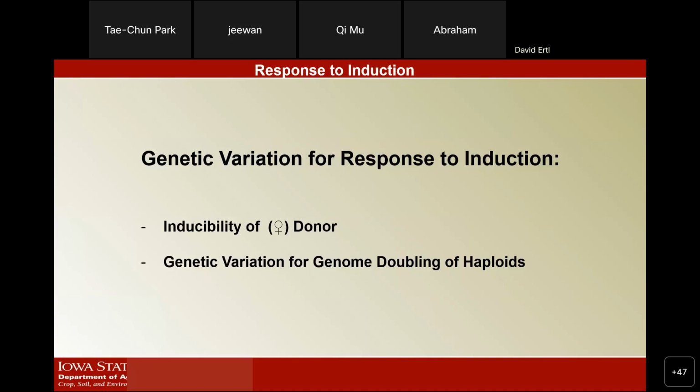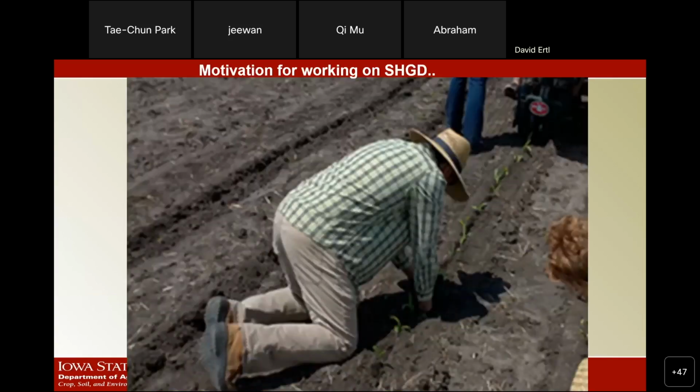So we focused on the genome doubling side of this aspect, where we also observed genetic variation. And we are highly motivated to do so because I mentioned the transplanting. These haploid plants are very frail. We have to make sure they are really brought into close contact with soil, otherwise they dry out immediately.